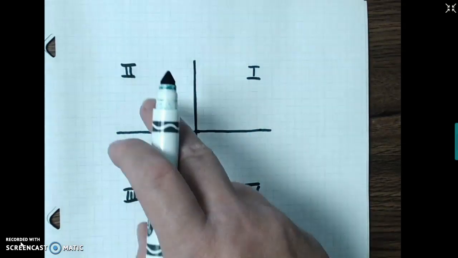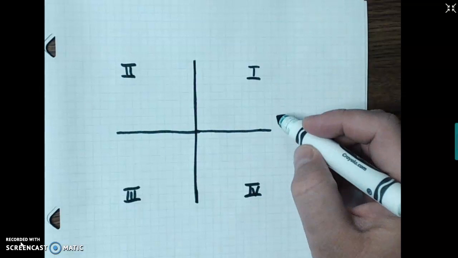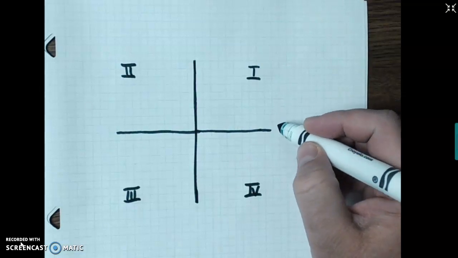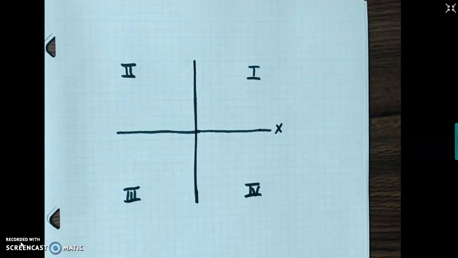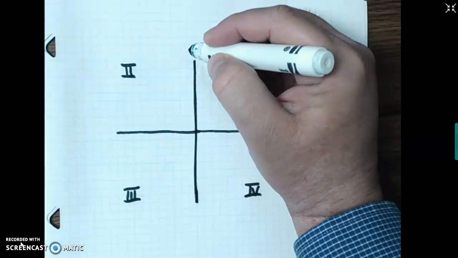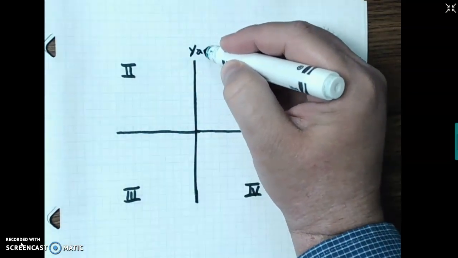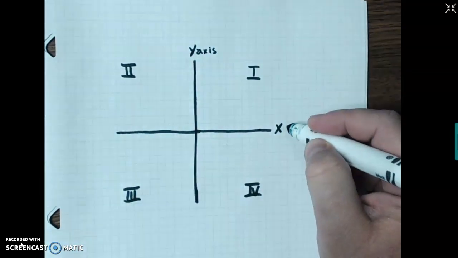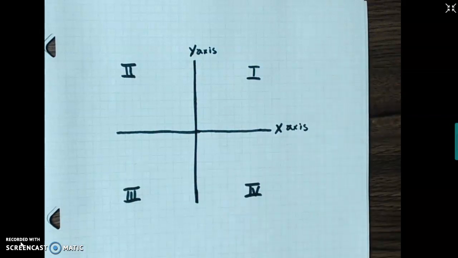And for the most part, we will not see 2, 3, or 4 this unit, but that's just reference. We also need to know that the x-axis is the axis that goes across, or horizontal, and the y-axis, and I'm going to write the word axis on here as well, is the one that goes up and down.